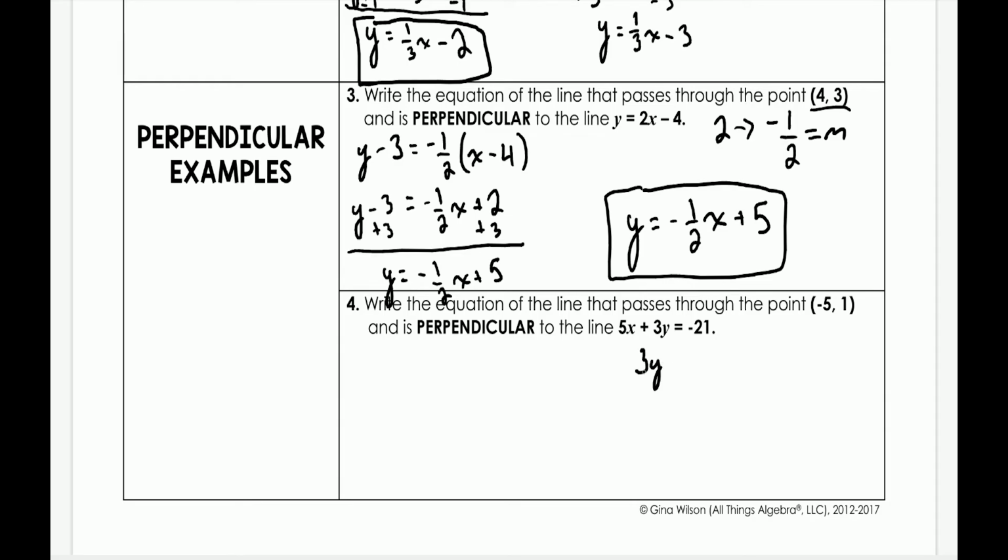That leaves us with 3y is equal to negative 5x minus 21. I'm going to change this so it's in the same order that we're used to. And then next, we're going to divide everything by 3. So that leaves us with y is equal to negative 5 over 3 x, and then negative 21 divided by 3 is going to be negative 7.